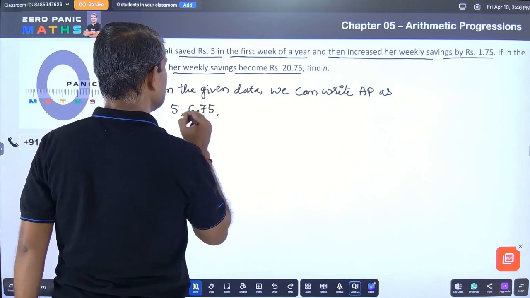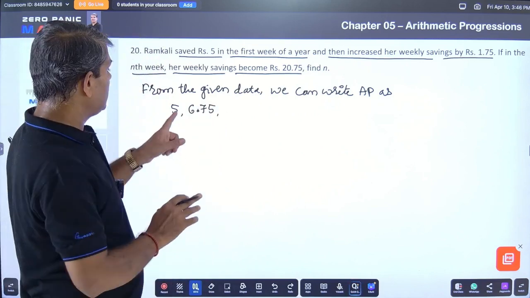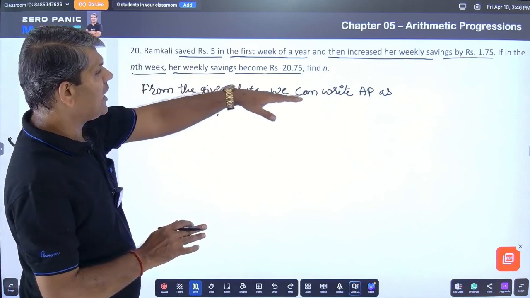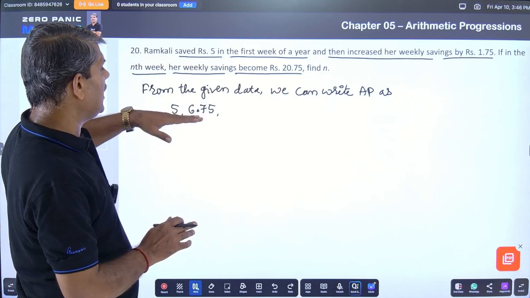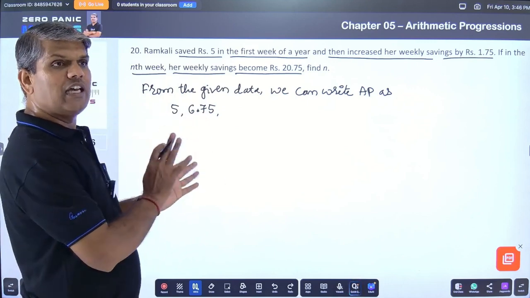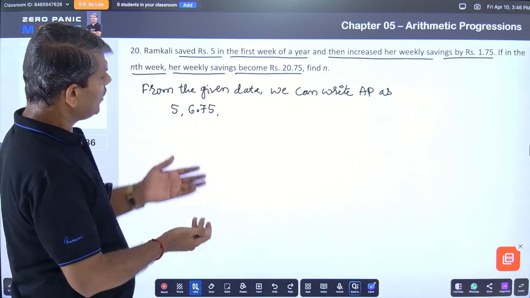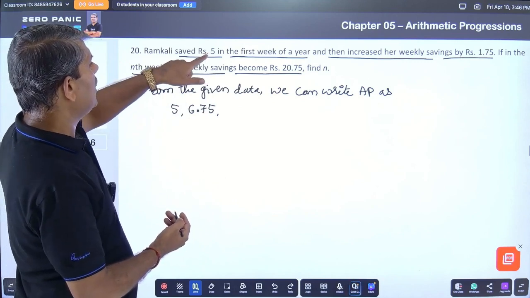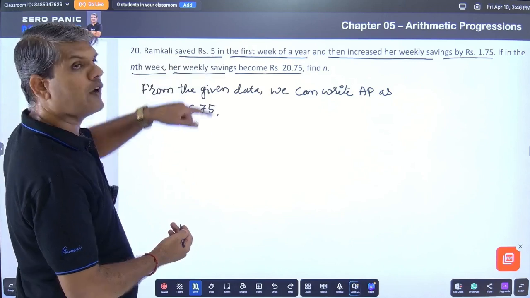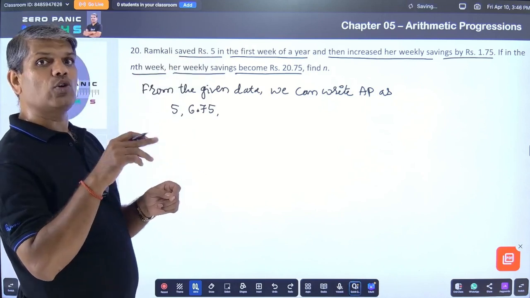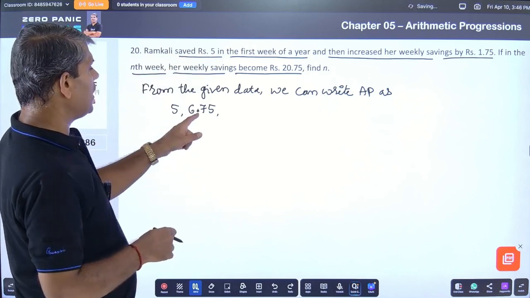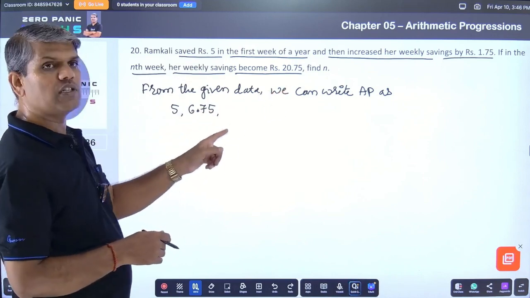Or else, if you feel that writing the AP directly is not the way, you can even write first week A1 is equal to 5, second week A2 is equal to a plus d, that is 5 plus 1.75, which is 6.75.